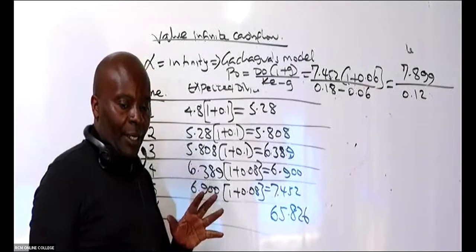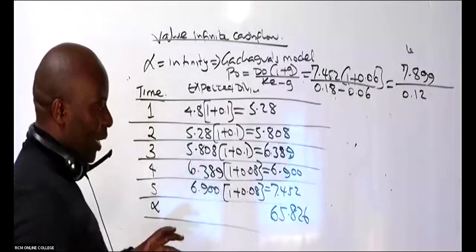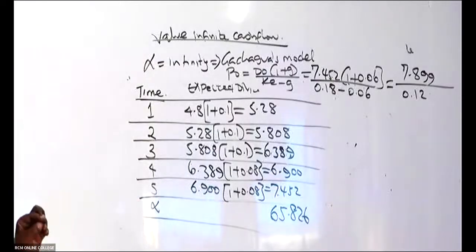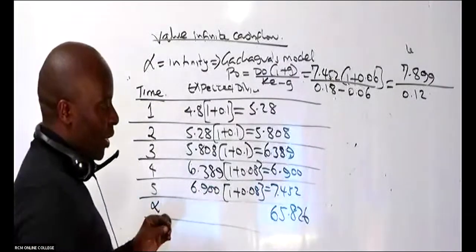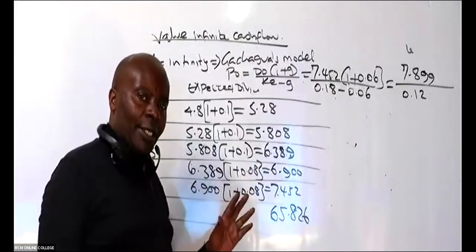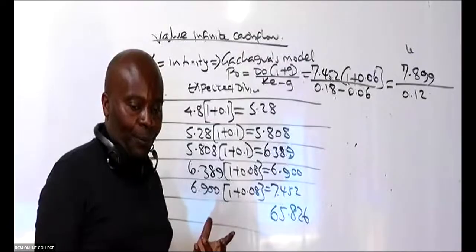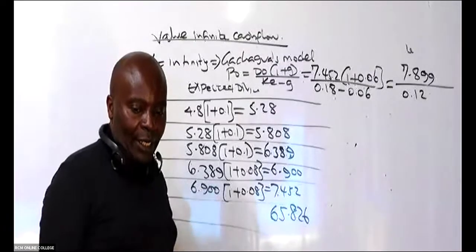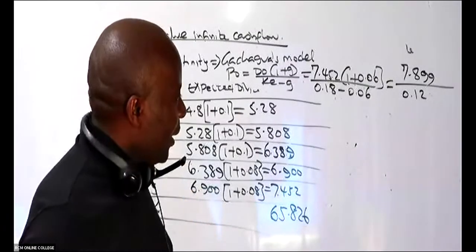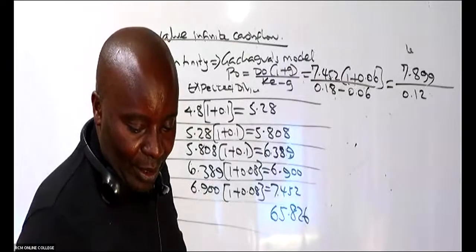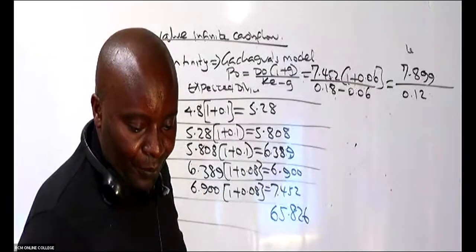Ladies and gentlemen, if there is anything that I would want you to really gain out of this session, it is how to calculate this infinite cash flow. Pardon, 18% has been given. 18% is the required return.